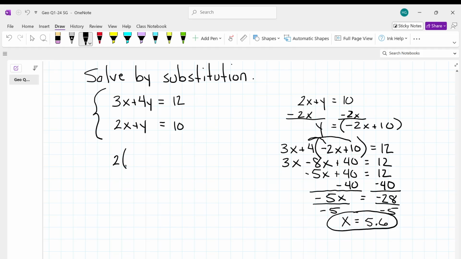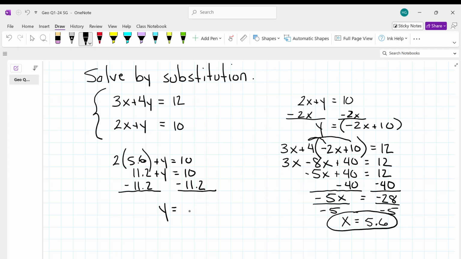So we take 2 times 5.6 plus y equals 10. 5.6 times 2 is 11.2, plus y equals 10. And then subtract 11.2 from each side. So our y is equal to negative 1.2.